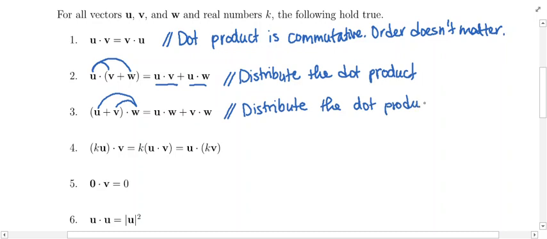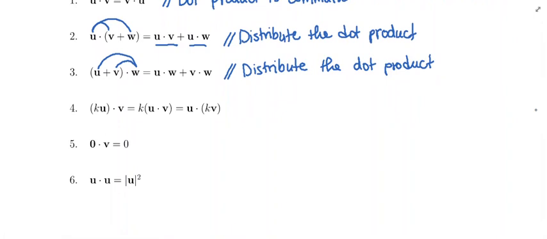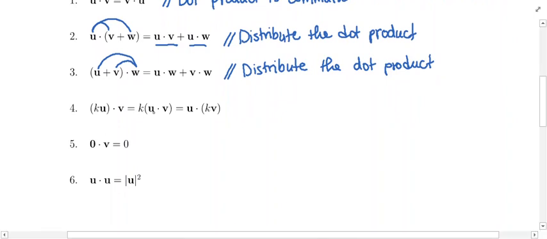All right, and property number 4. This is saying if we take a scalar k and we do the scalar multiplication, k times u, that gives us a new vector. If we dot product that vector with v, it's the same thing as doing u dot v first and then multiplying that result, which is going to be a number, by the scalar k.